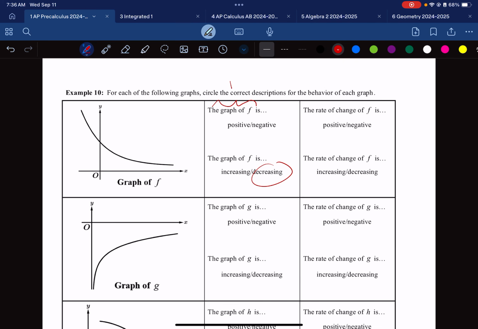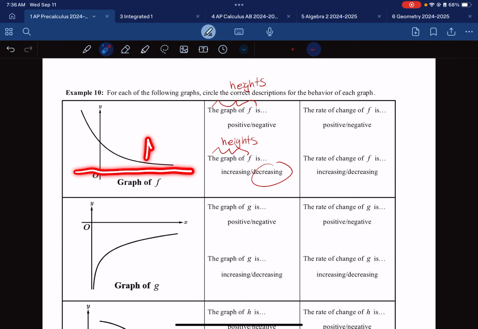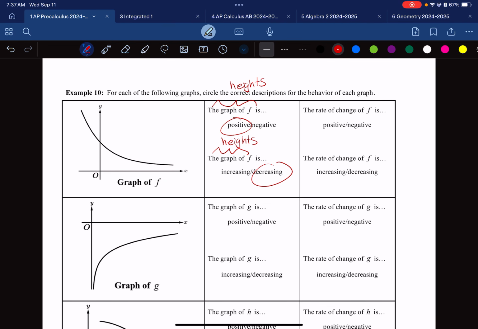I'm talking about heights. And this one is also talking about heights. My heights are going down. I agree, they are definitely going down. But my heights in general, are they positive or are they negative? In terms of the x-axis, am I above the x-axis or below the x-axis? My heights are positive because I am above the x-axis.